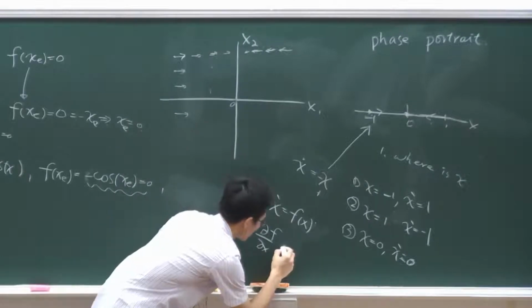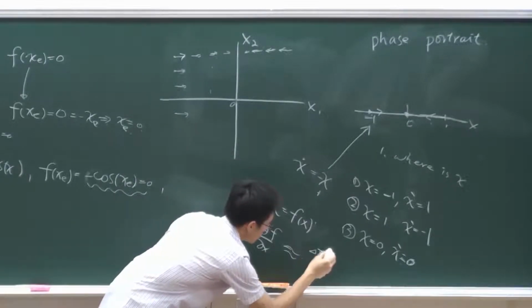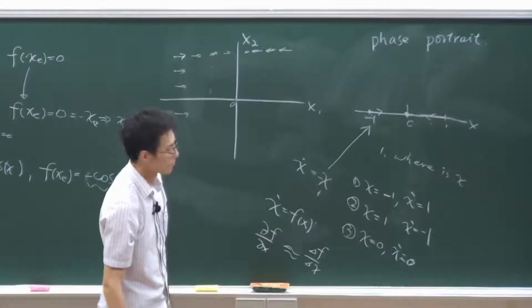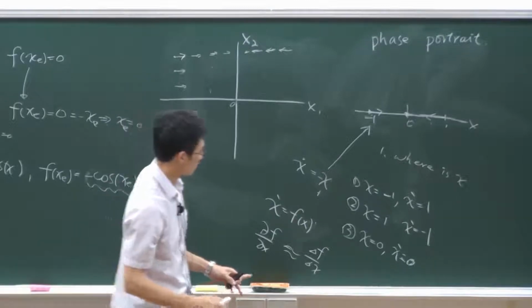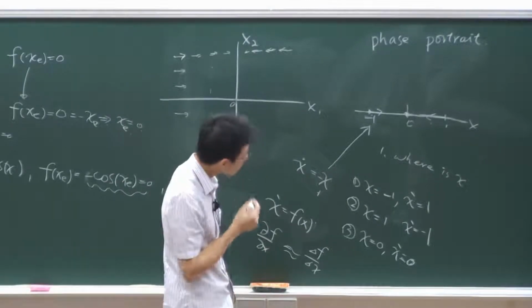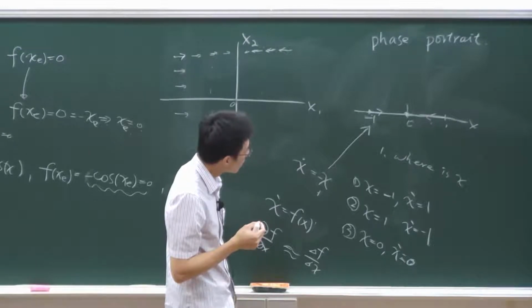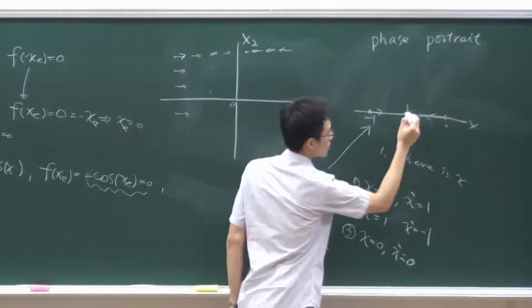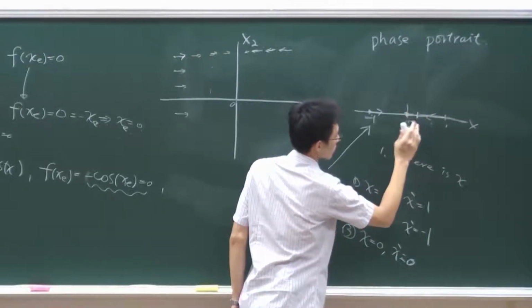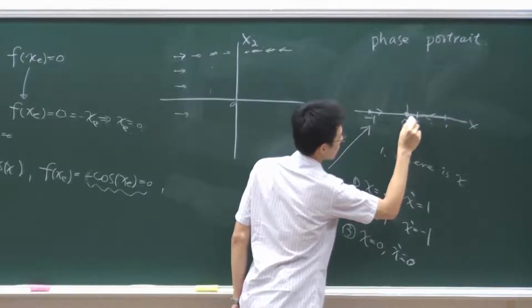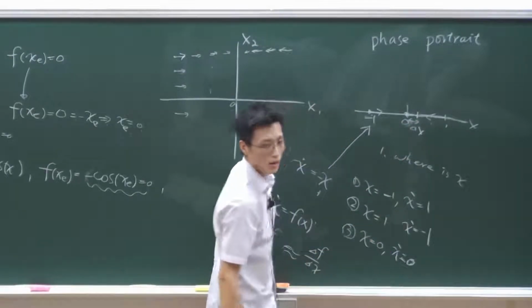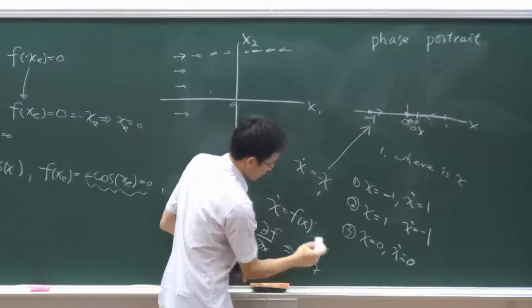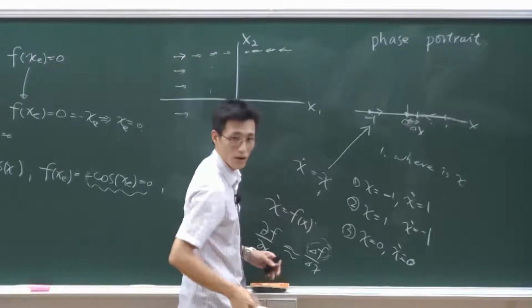You can imagine, right? So what does that say? That means given a little disturbance delta x, what will be the change of f?